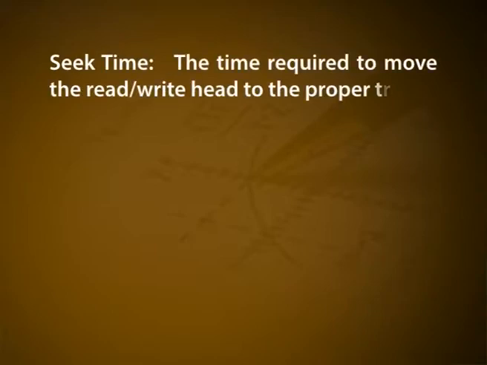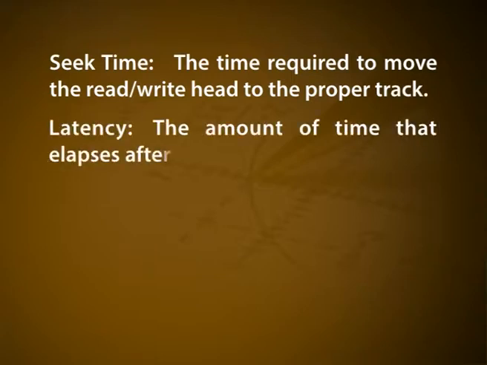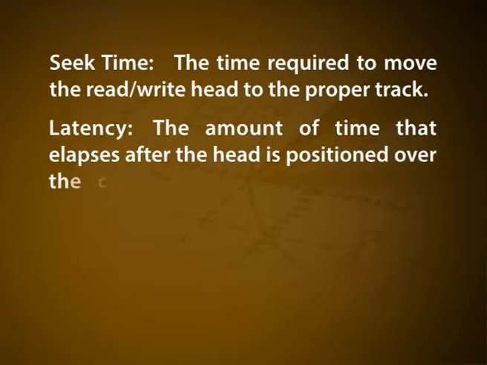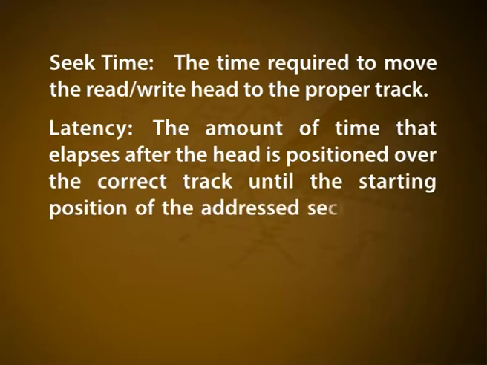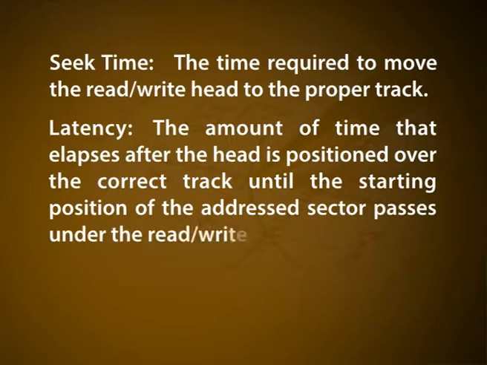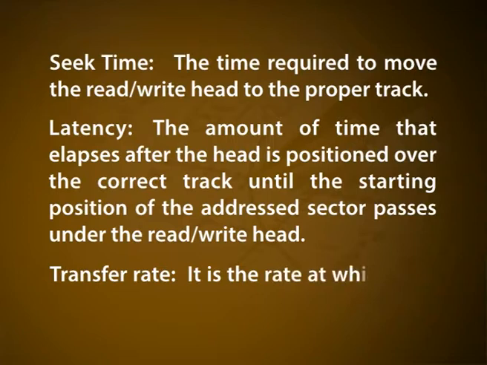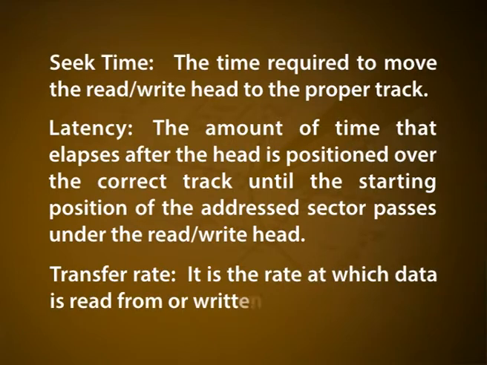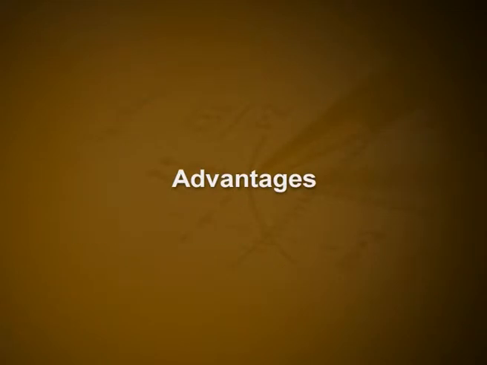First one, seek time, the time required to move the read-write head to the proper track. Second, latency, the amount of time that elapses after the head is positioned over the correct track until the starting position of the addressed sector passes under the read-write head. Third, transfer rate, the rate at which data is read from or written to a disk.